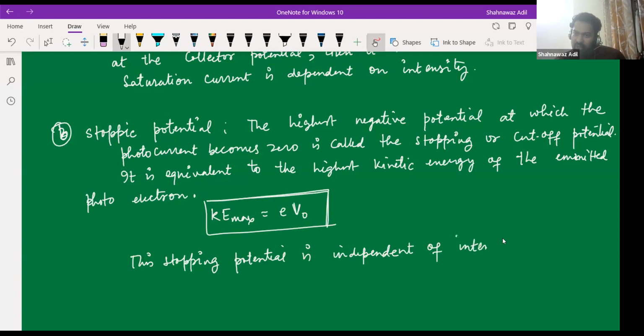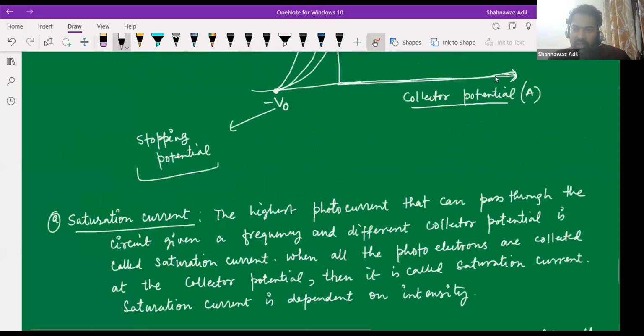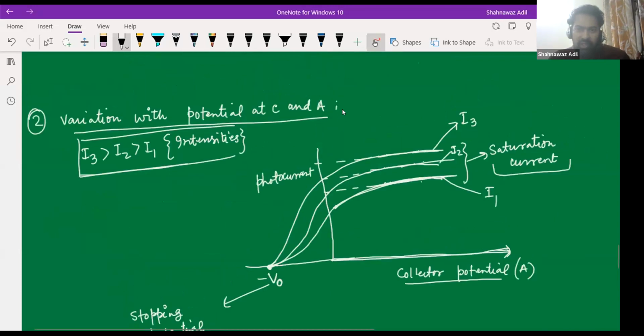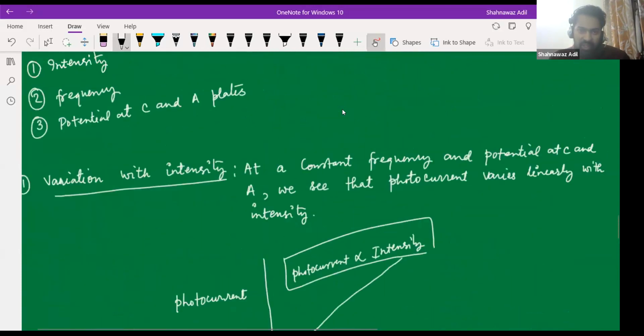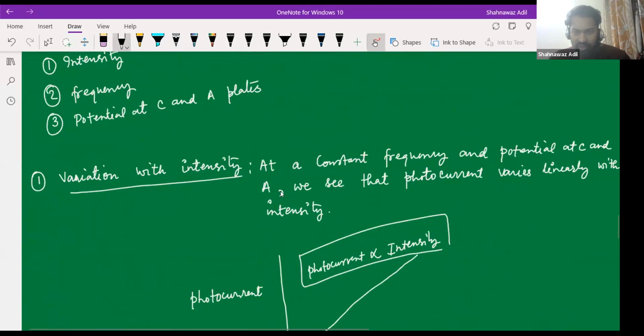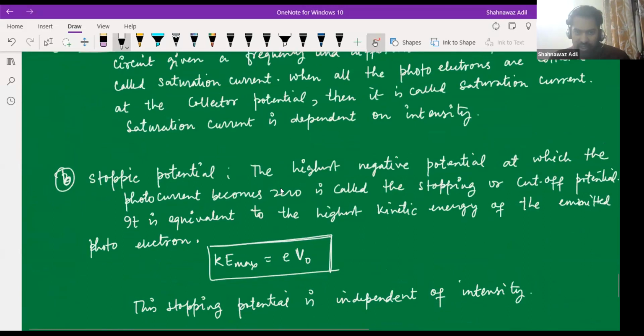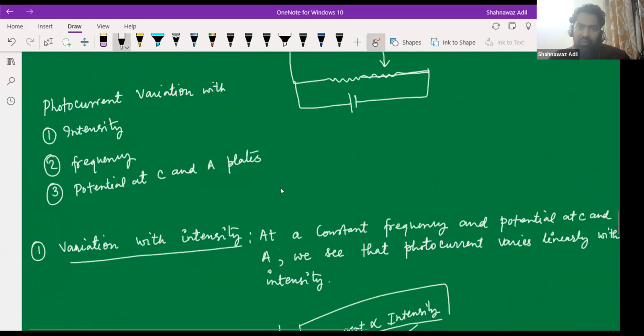So we saw from the graph that we change the intensity, but for all of these intensities, stopping potential was the same. So these are the first two observations we take from this setup. Please note it down.